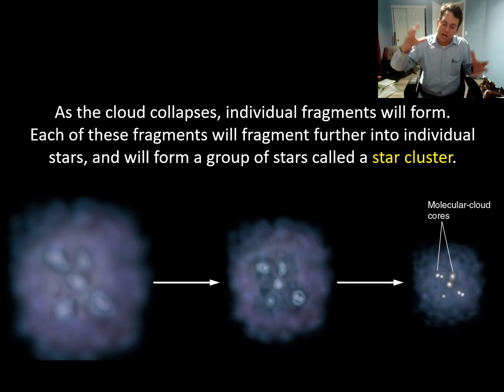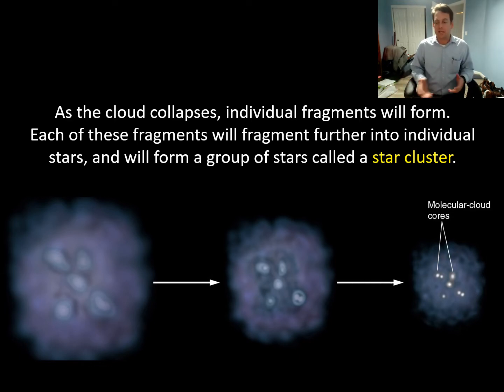But then as gravity makes these things collapse, they collapse fast enough and significantly enough that they get these molecular cloud cores that actually become dense enough to form stars themselves. And so the result is that you get a cluster of stars that forms together out of the same giant molecular cloud and at essentially the same time.